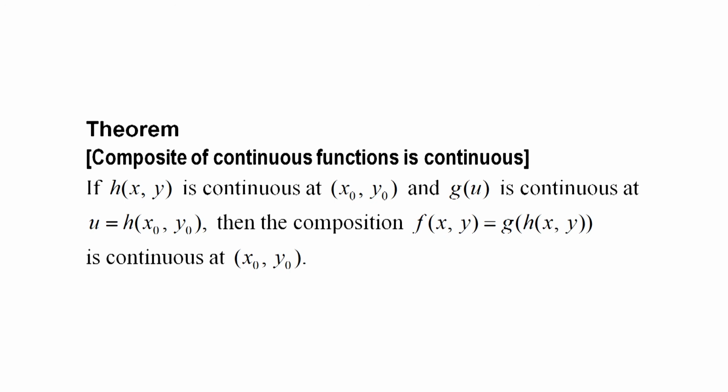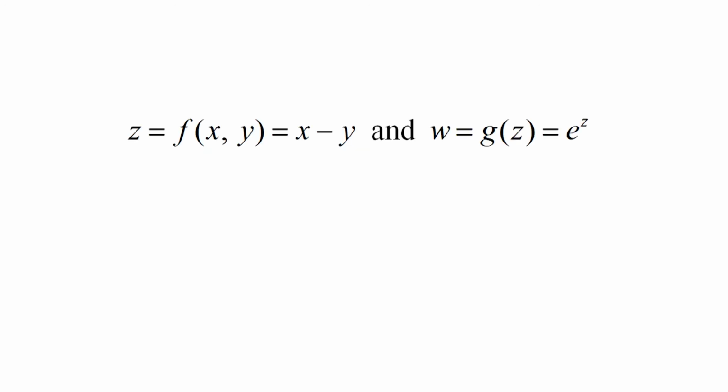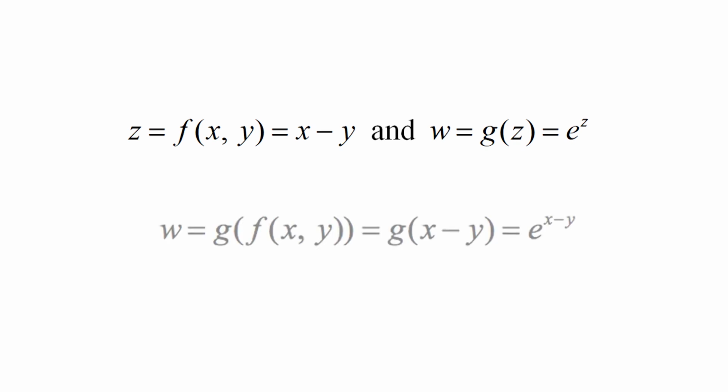As an example, z equal to f(x, y) equal to x minus y and w equal to g(z) equal to e raised to z are continuous functions. Hence, the composite w equal to g(f(x, y)) equal to g(x minus y) equal to e to the power x minus y is continuous.